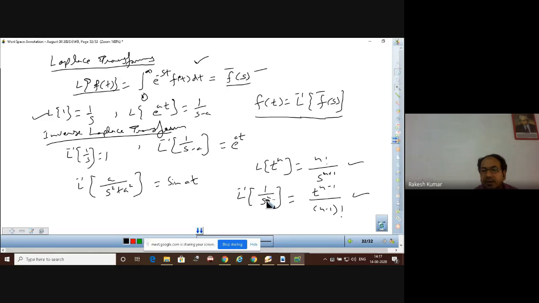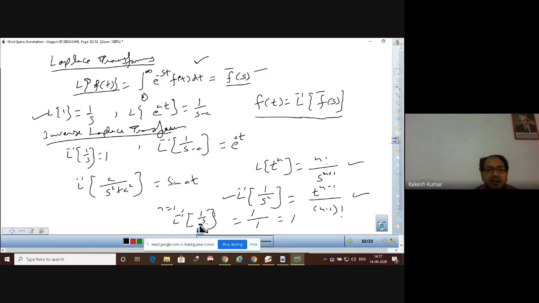So we can easily find out. You just see, if we use n equal to 1 in this, what will you get? You will get L inverse of 1 by s, because we use n equal to 1, and 1 minus 1 is 0, t raised to power 0 is 1, and 0 factorial is also 1, that is 1.